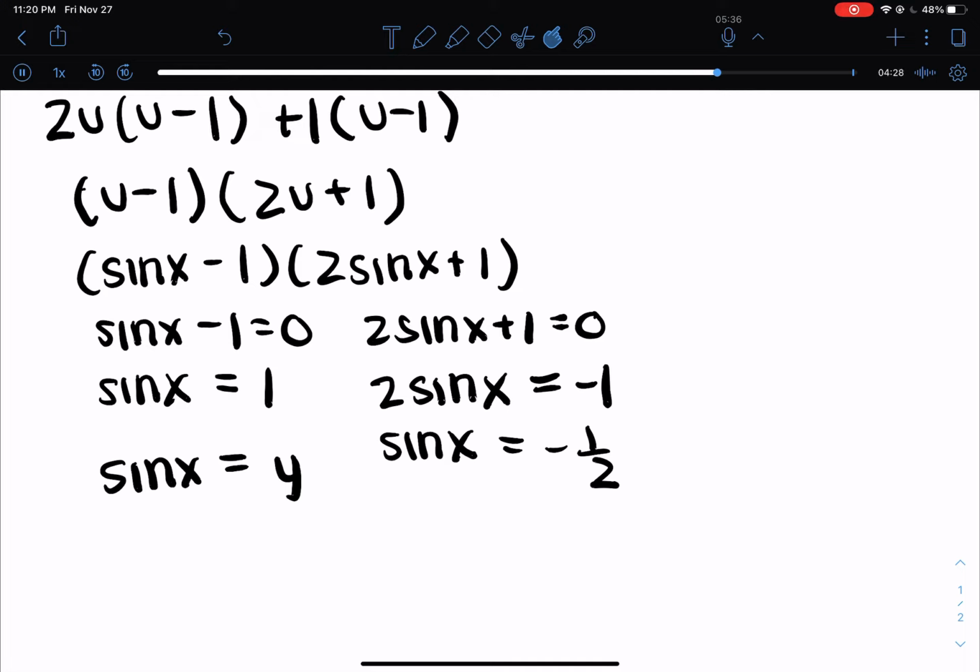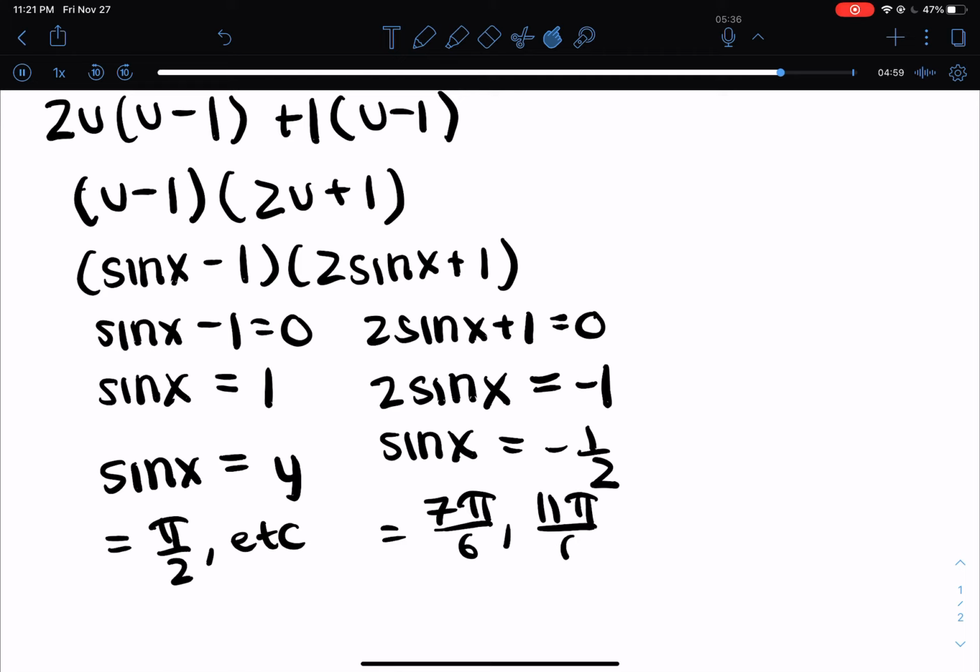If you look at the unit circle, the value of x where sine x equals 1 is pi over 2, and so on. And then on this side, it will be 7 pi over 6, and it will be 11 pi over 6.